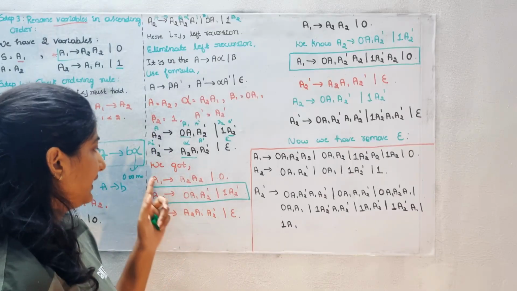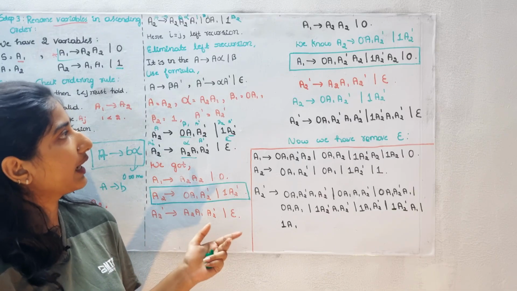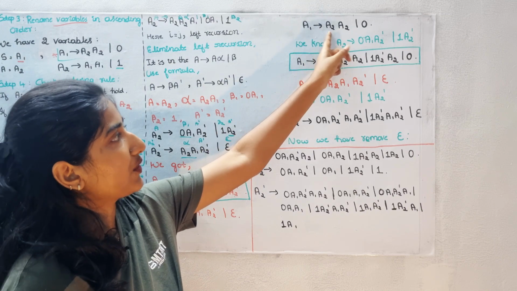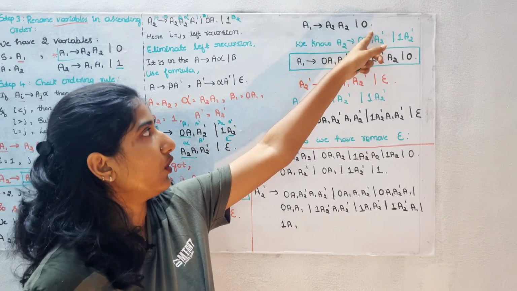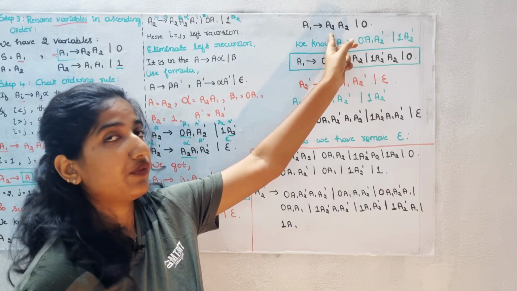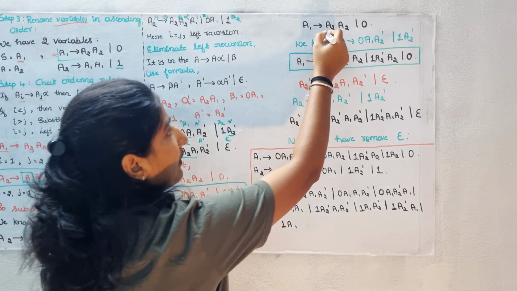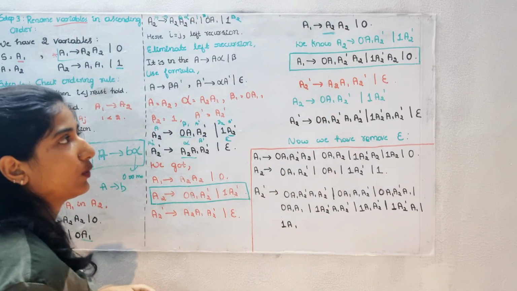Now I am converting A1 derives A2 A2 first into GNF. Okay. So consider A1 derives A2 A2 or 0. So now I have to convert this so that the first character should be a terminal, right? So let us substitute the value of A2 in this equation.